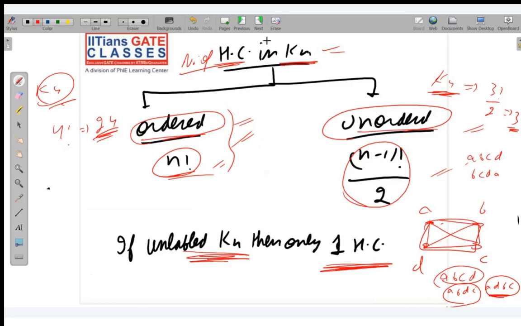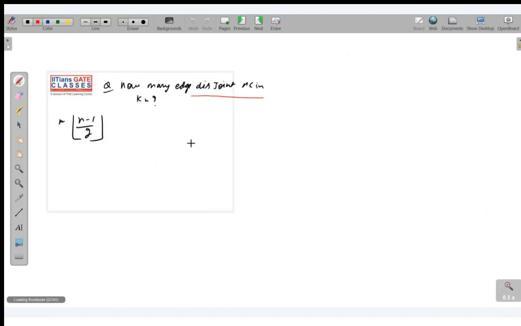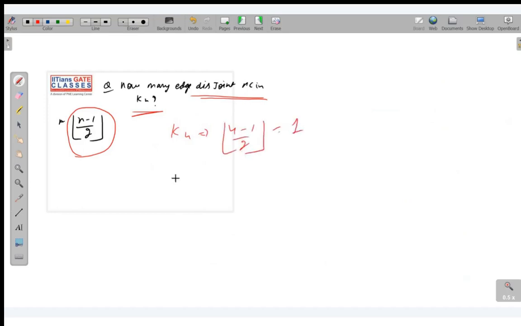Okay, so next is how many edge disjoint Hamiltonian circuits in Kn. You have to remember the formula: floor of (n minus 1) by 2. These are the edge disjoint Hamiltonian circuits in Kn. For example, in K4, floor of (4 minus 1) by 2 gives only one edge disjoint Hamiltonian circuit. For K5 it will be (5 minus 1) by 2, that will be 2.